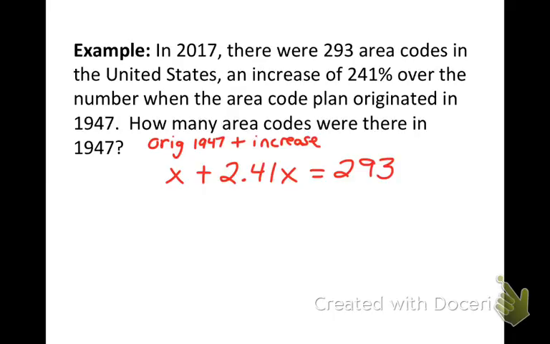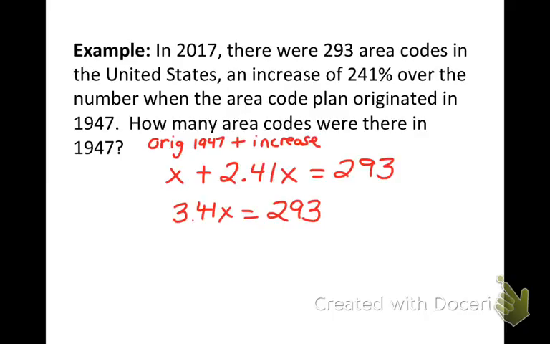Okay, so that's the equation we want to do. So how do we solve that equation? Combine the x's. So 1x plus 2.41x gets us 3.41x equals 293. Divide that, what is it? 85.92.